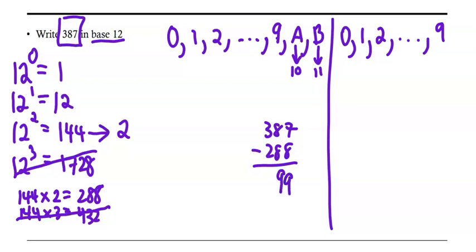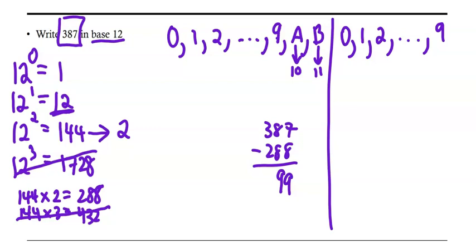All right, so now we go down realizing that 144 is now done with. We go down to 12 and we ask ourselves the same thing. How many times would 12 go into 99? Well, you kind of go up the ladder. 12 times 1, 12 times 2, 12 times 3, 12 times 4, 12 times 5. 12 times 6 is 72. 12 times 7 is 84.